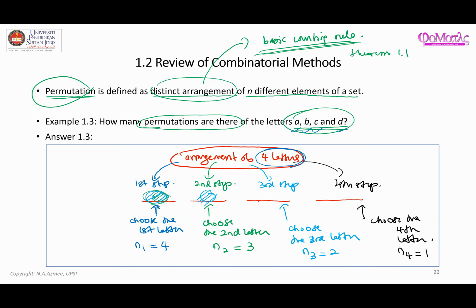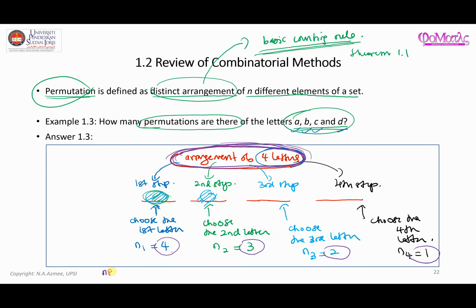According to the idea of the basic counting rule, how many permutations are there, or how many possible ways can you arrange 4 letters? It is obtained by multiplying these results. We multiply the number of ways in the 4 different stages.